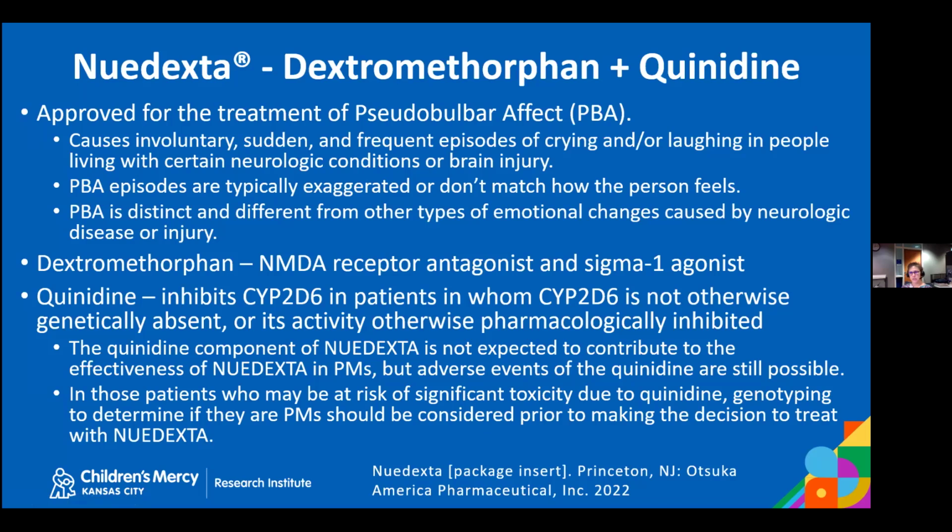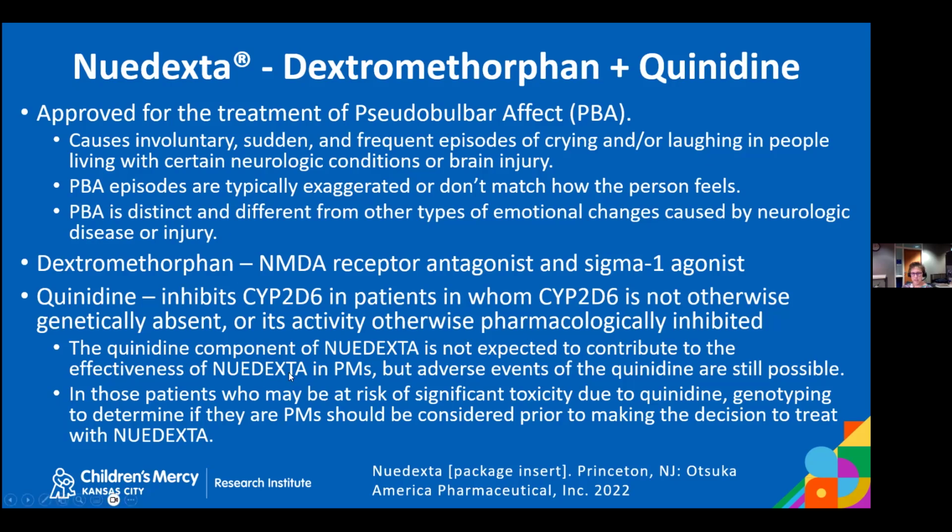So it doesn't have functionality other than the inhibition of 2D6, which enables increased concentrations of dextromethorphan that have been shown to be effective in treating pseudobulbar affect disorder. And this is a disorder where you see frequent crying or laughing episodes that are out of context to the situation in which the patient may find themselves in.